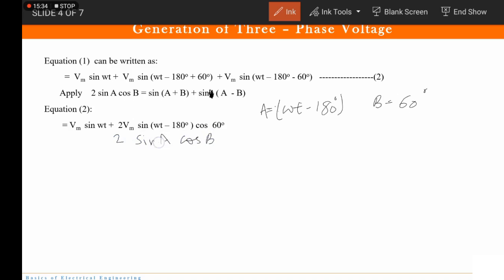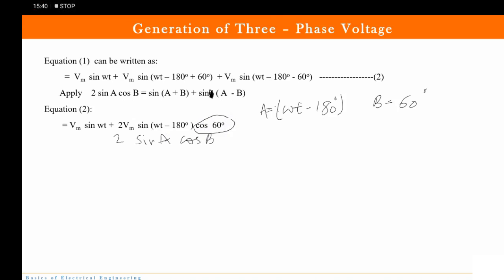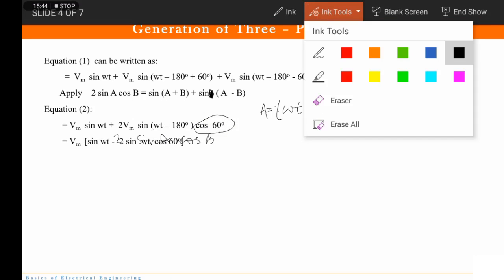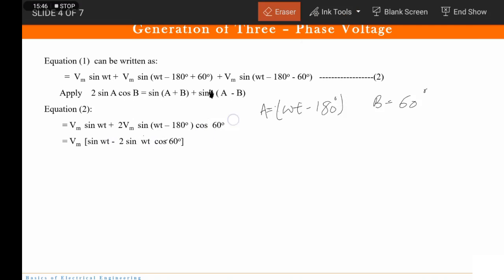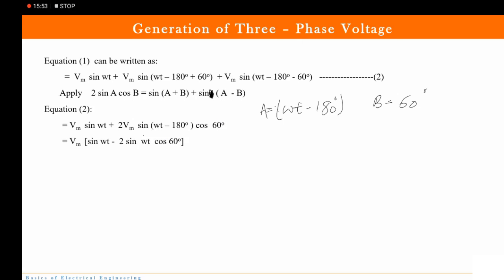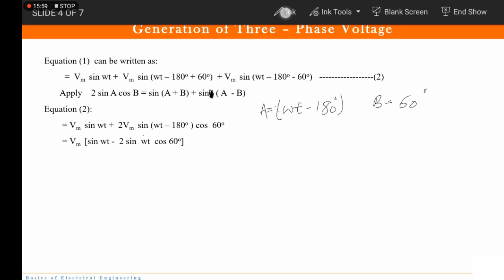Okay, so we have reduced the equation. Now we will put the value of cos 60. Before that, we will replace this as this one.